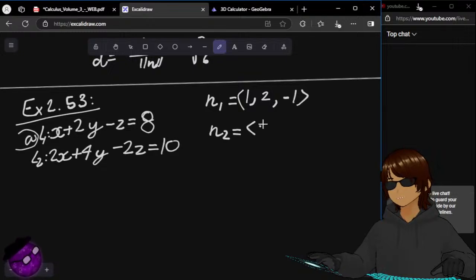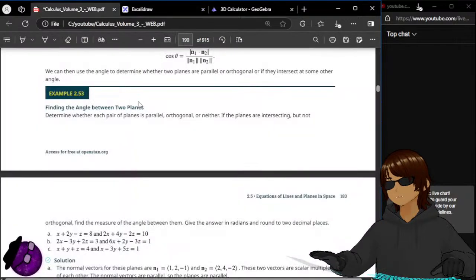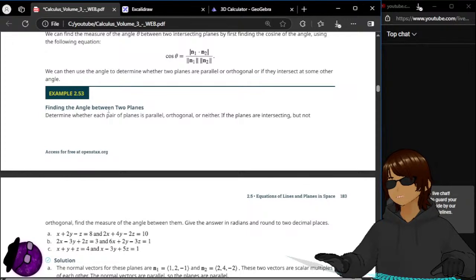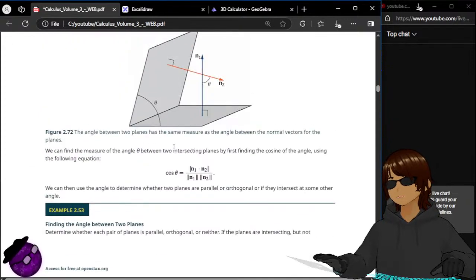N2 is 2, 4, negative 2. N2 is just double N1. So these are parallel, right? So the planes are parallel.